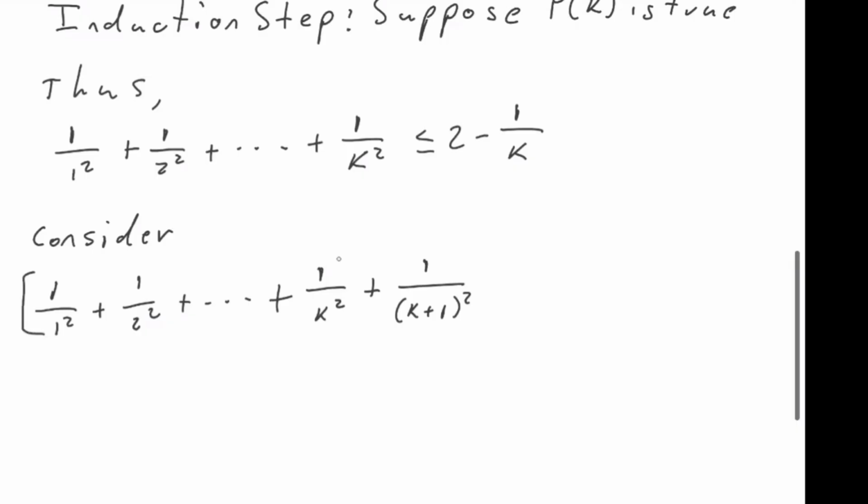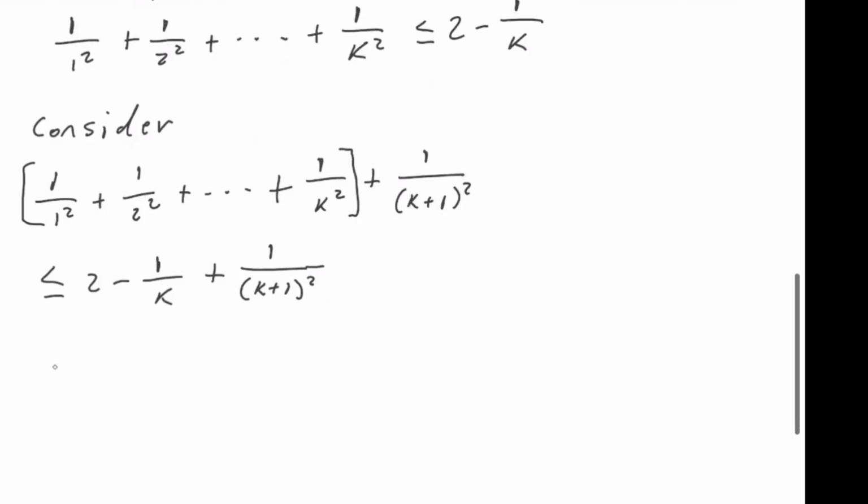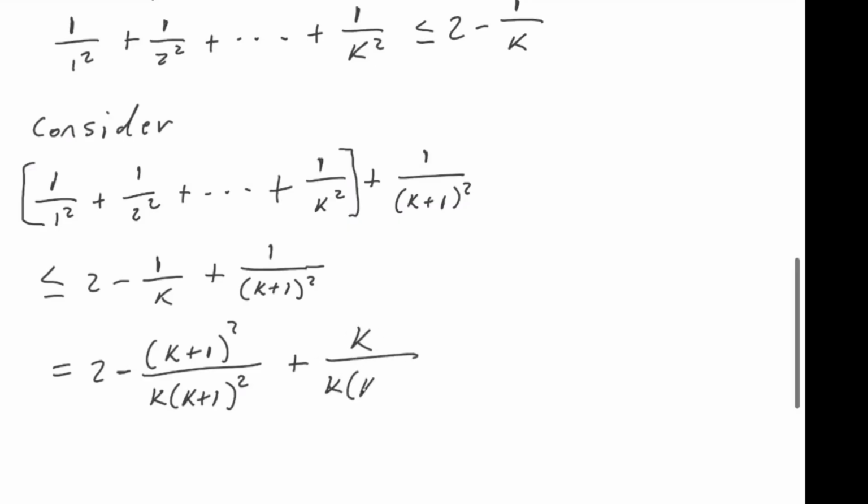Now, from our induction hypothesis, we know this sum is less than or equal to 2 minus 1 over k, and then, of course, we need to add 1 over k plus 1 squared. Now let's go ahead and find a common denominator. So this is equal to 2 minus, so this is going to be k plus 1 squared over k times k plus 1 squared plus k over k times k plus 1 squared.